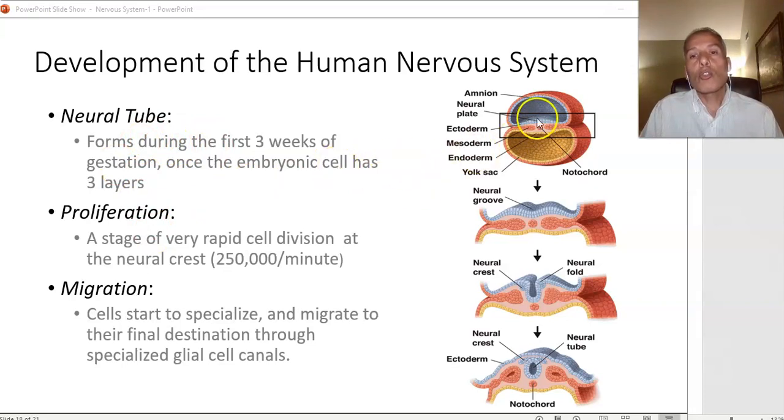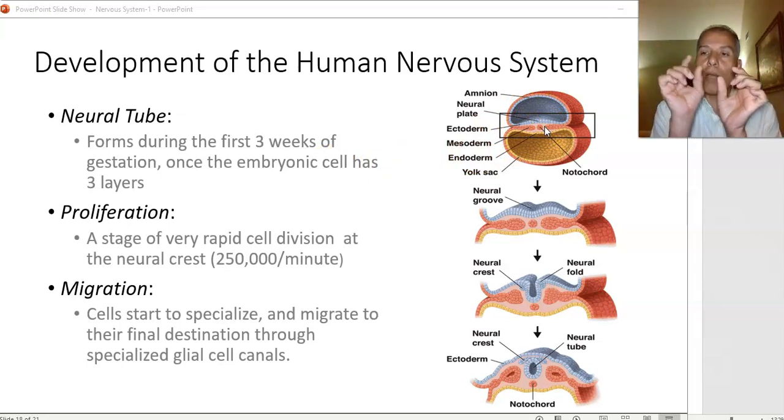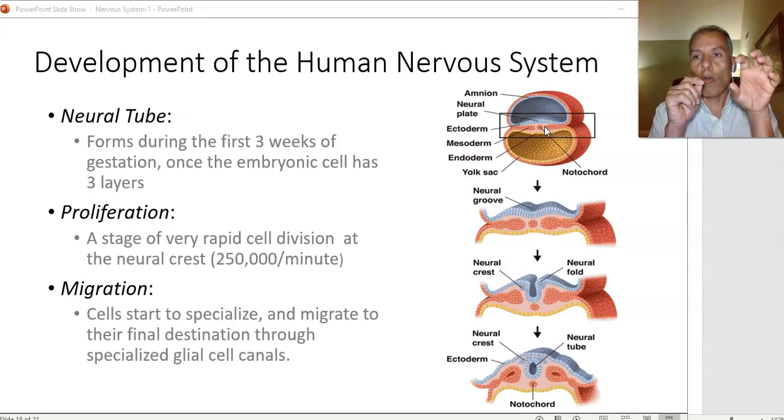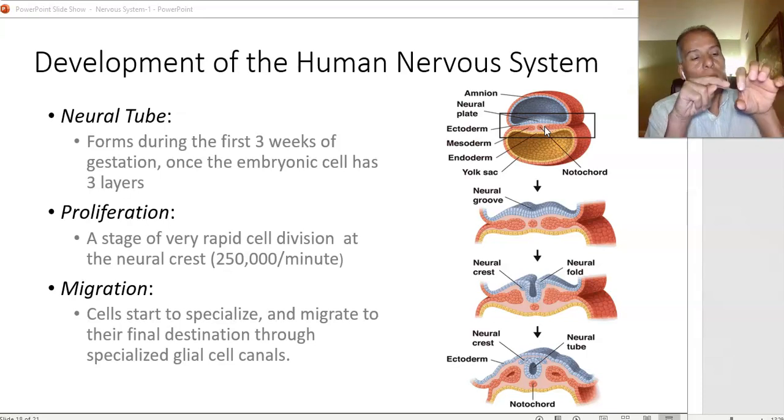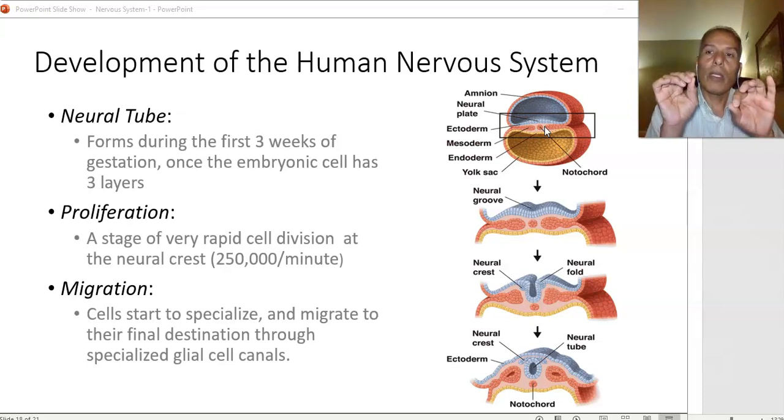The neural tube. First, after fertilization, you have one single egg called the ovum. And when it is fertilized, the sperm of the male goes inside of the egg, and the egg closes. The sperm has 23 chromosomes.